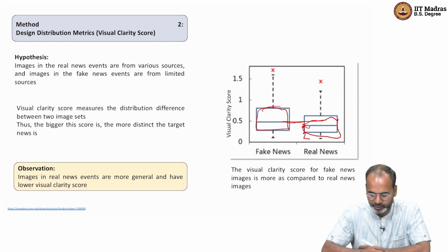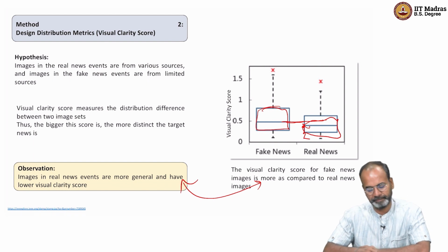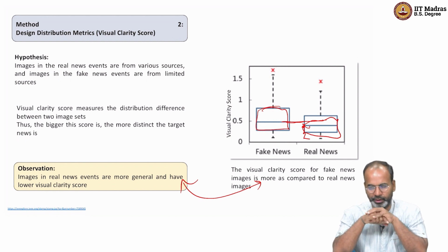The visual clarity score for fake news images is higher as compared to real news, which is just saying the same thing. So therefore, the idea is that the visual clarity score is lower for real content.